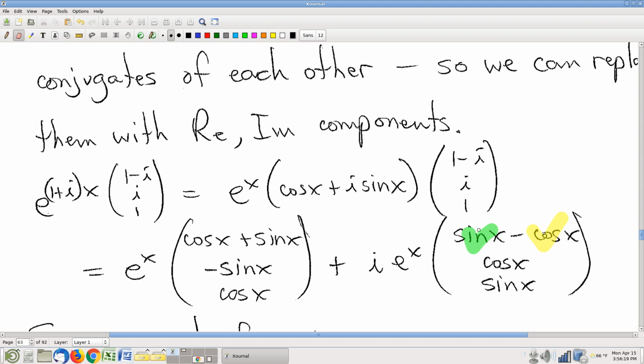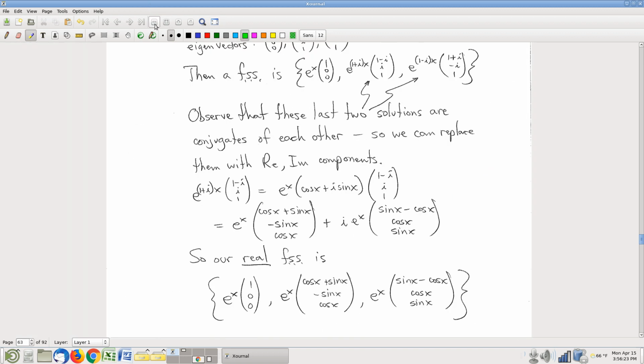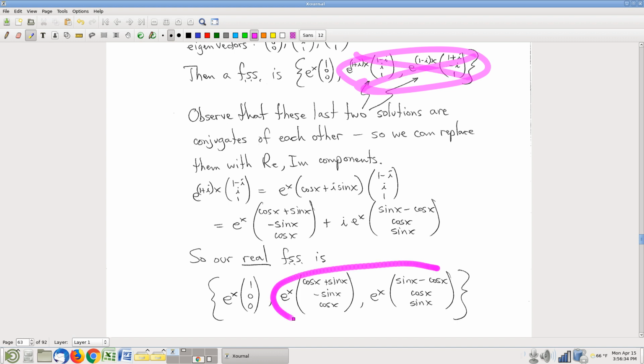So having the real and imaginary parts written out like that, we can replace this conjugate pair of complex valued functions instead with the real and imaginary parts that we just computed.